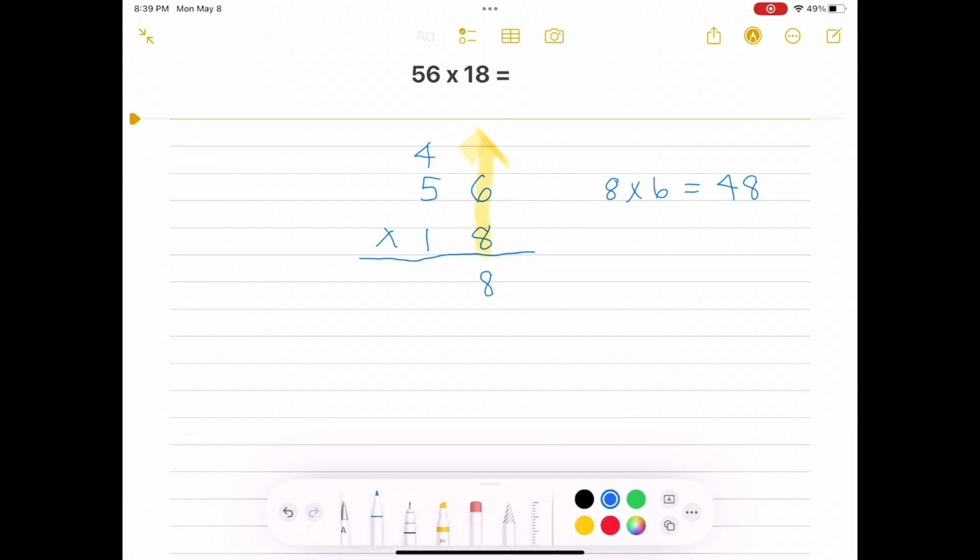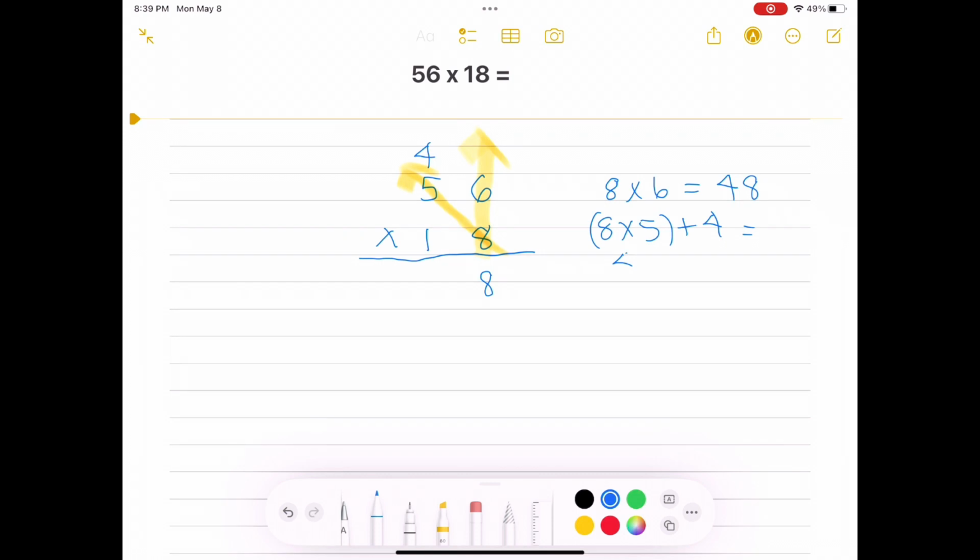Now you multiply the 8 by the number in the tens column, which is 5. And you multiply from the lower number to the top number. So it's 8 times 5 plus 4 that was carried from before.